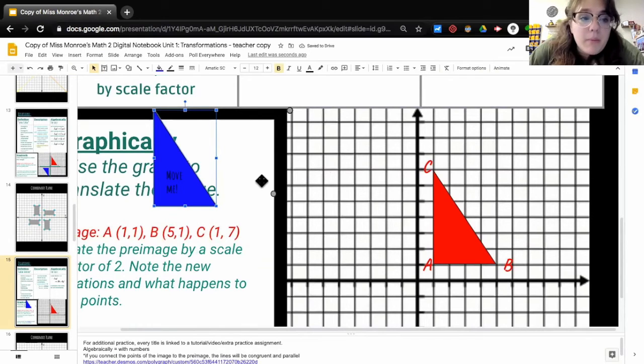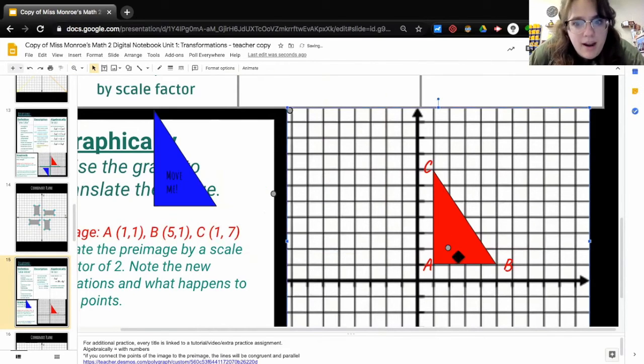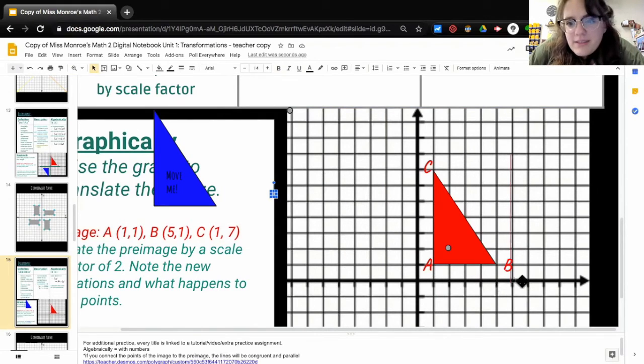So I'm going to multiply 1 by 2 and get 2, and 1 by 2 and get 2. So my point A prime is now at that dot right there. B prime is at 5, 1. So 5 times 2 is 10. 1, 2, 3, 4, 5, 6, 7, 8, 9, 10.